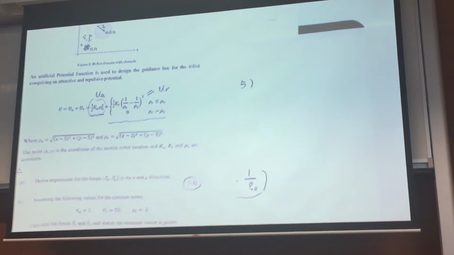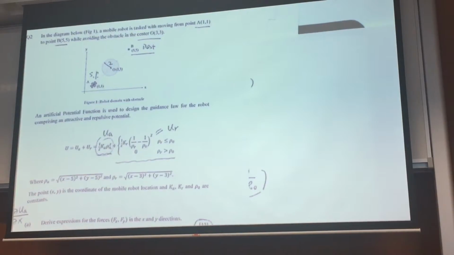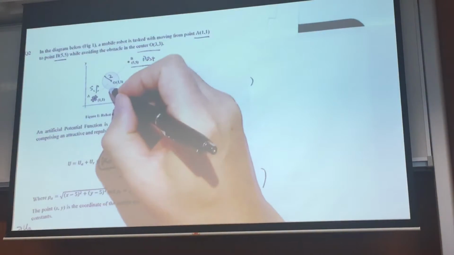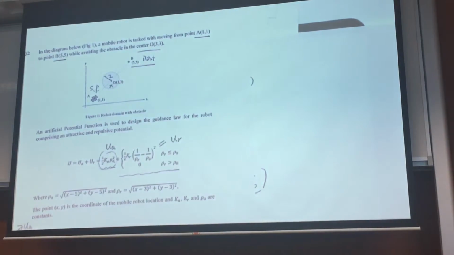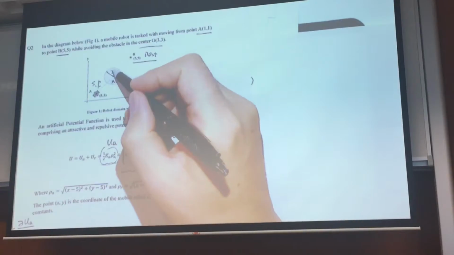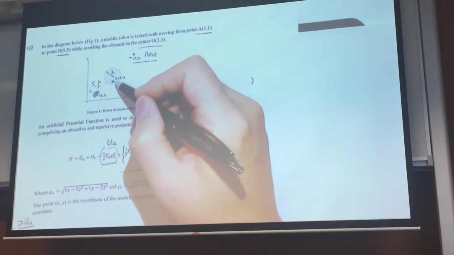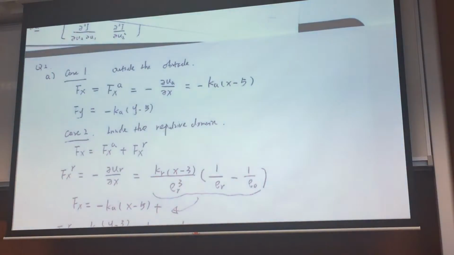For the second point, if you plot it, the point will be here, from the same x coordinate and the y coordinate equal to 2. So it will be inside the repulsive domain. When the vehicle is inside the repulsive domain, you are required to use these equations to calculate.